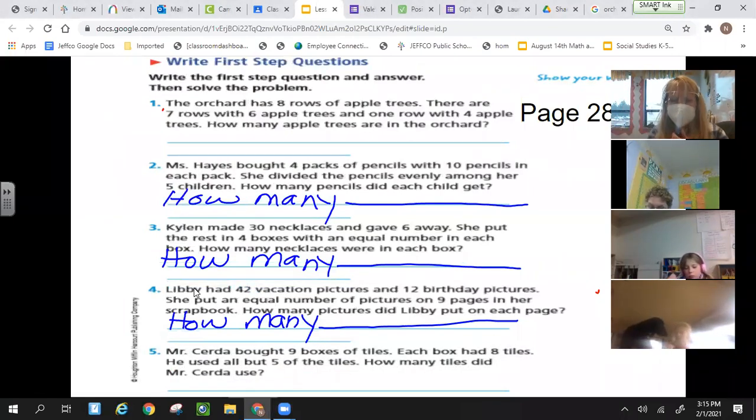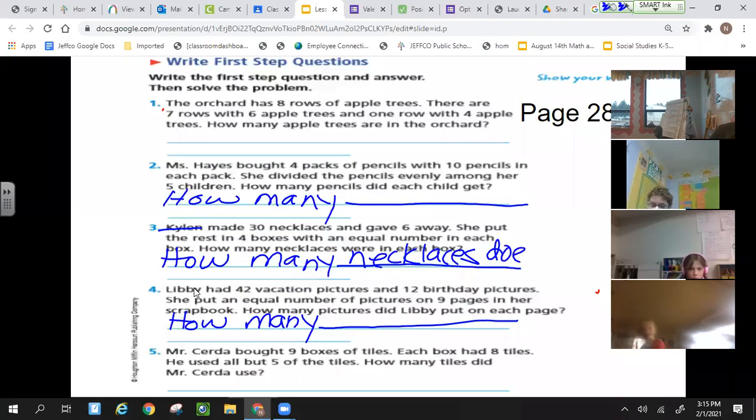Number 3, Kylan made 30 necklaces and gave 6 away. You should have been asking how many necklaces does Kylan have now? Because she got rid of 6.